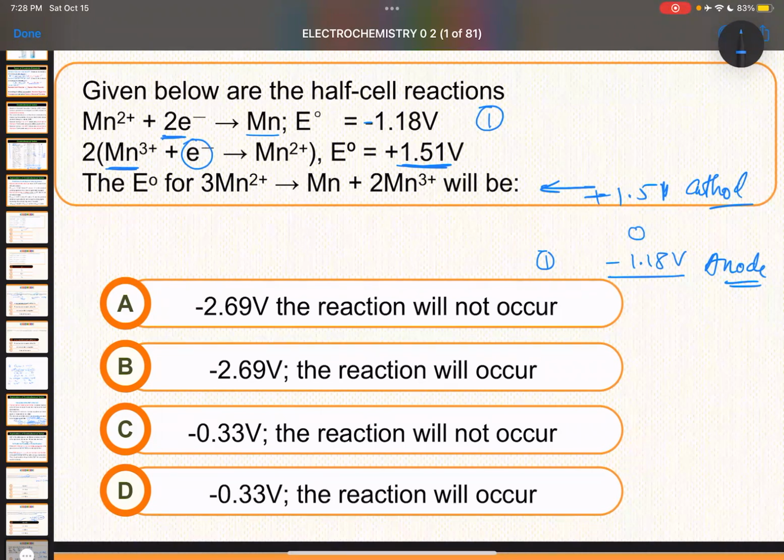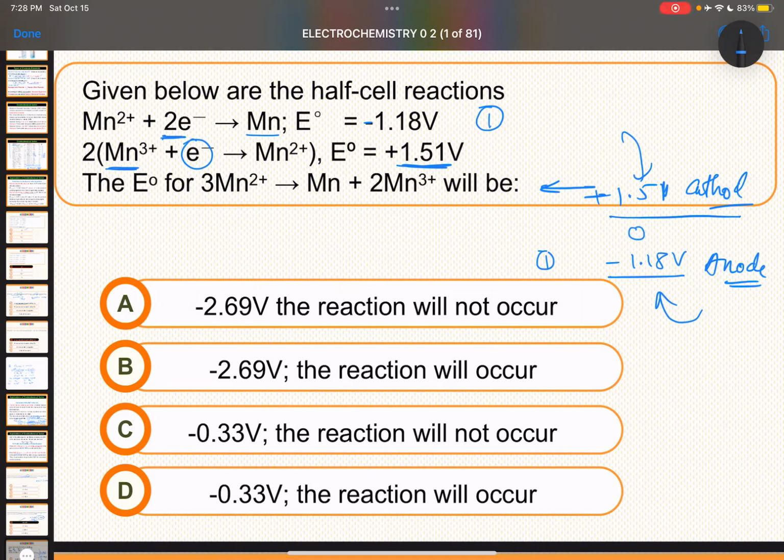Now listen very carefully. If it is asked from you that you need to make the cell, then you will make this the cathode and this the anode. Okay, if it is asked from you to make a cell out of it. But these are two different questions. Listen very carefully, this is where everybody can make a mistake.